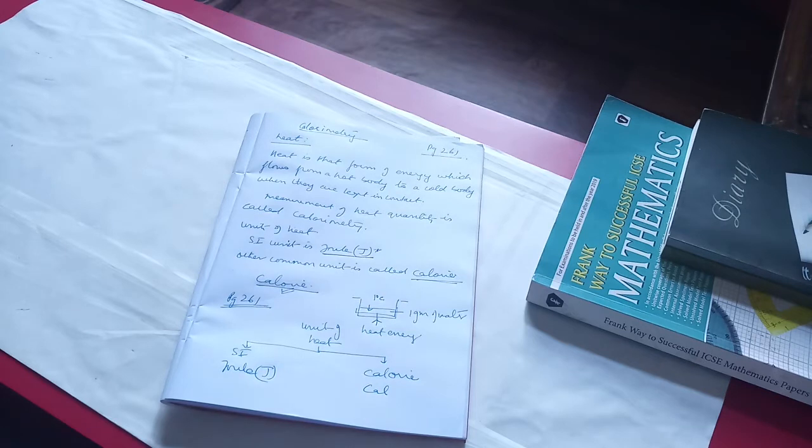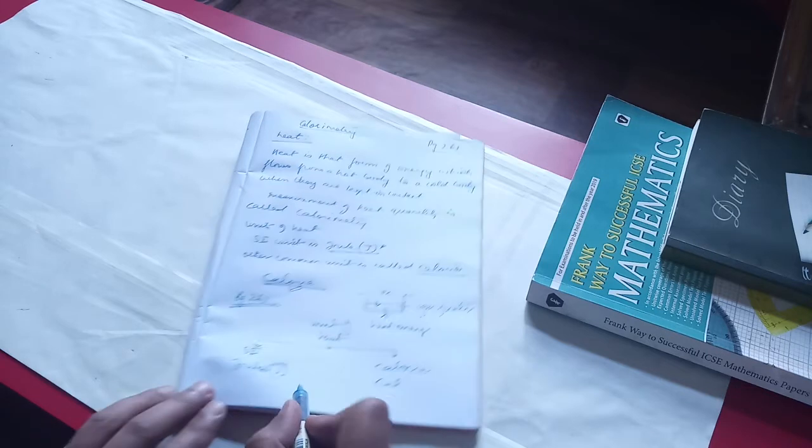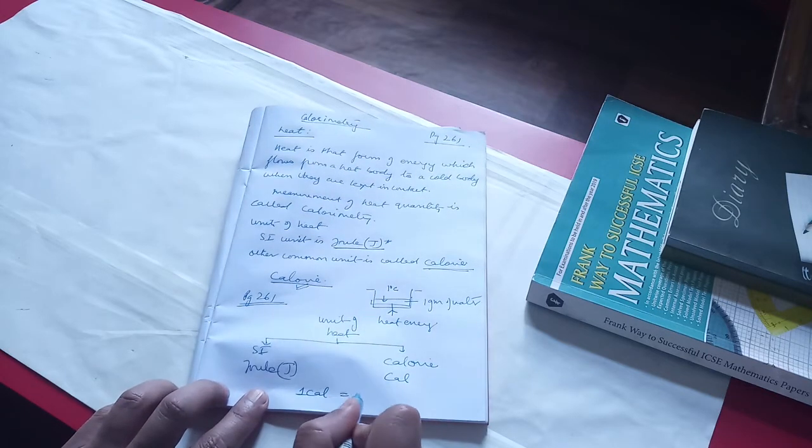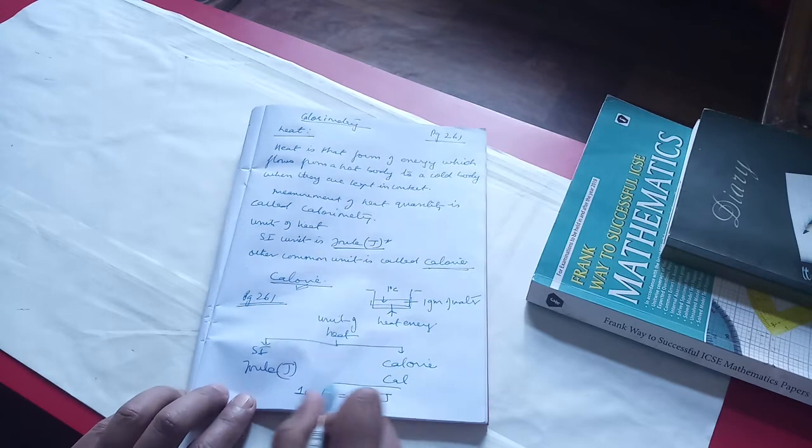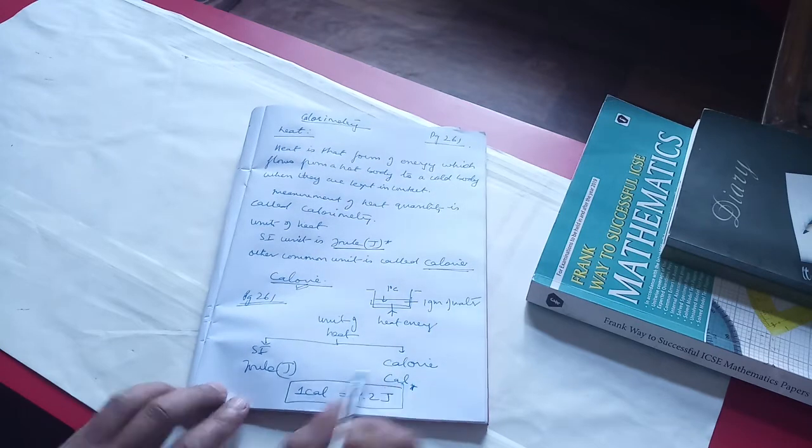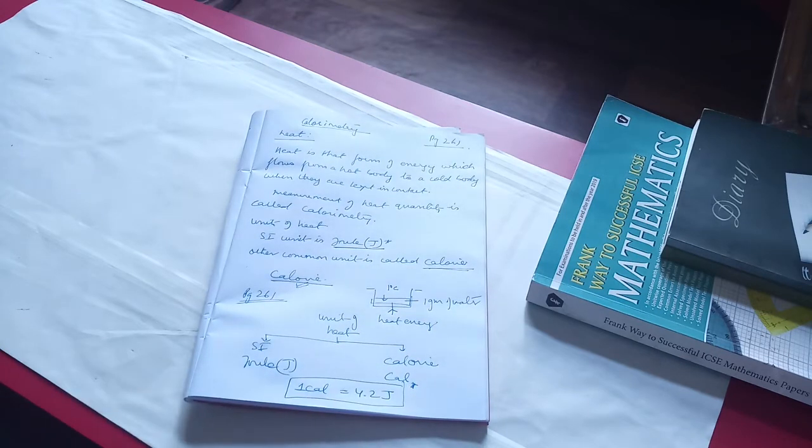It is all given in the textbook. 1 calorie is equal to 4.2 joule. This relation will be used when we solve some numericals. So the definition you have to write down from the textbook, and it is given there.